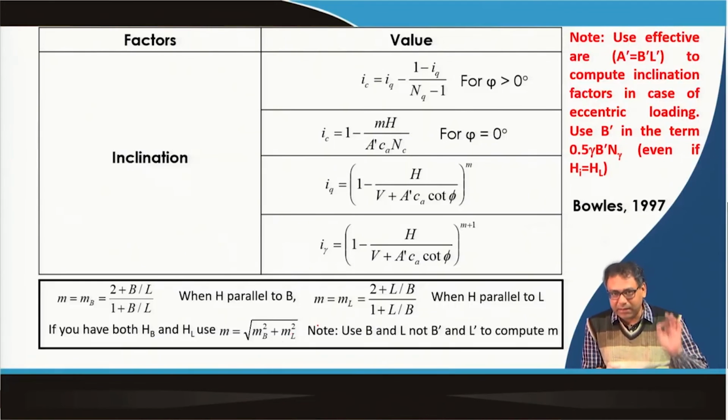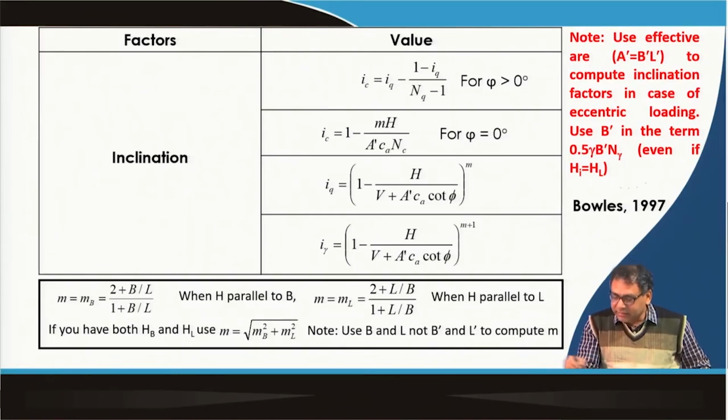You have to calculate MB and ML and then calculate the M. But remember that when you calculate these things for eccentric loading, do not use B dash and L dash during calculation of M. Use B or L.